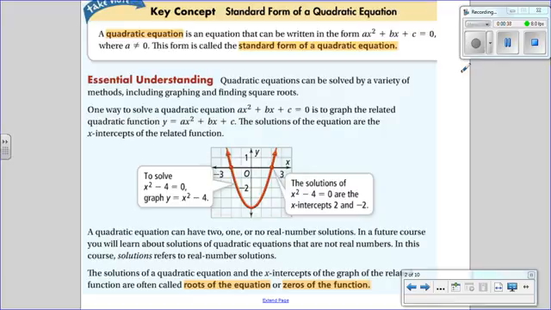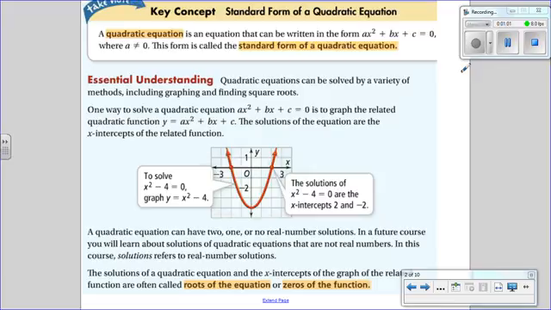Solving a quadratic equation basically means finding out where that parabola intersects the x-axis. Okay? So the easiest way is, if you can graph it, just look where it crosses the x-axis.